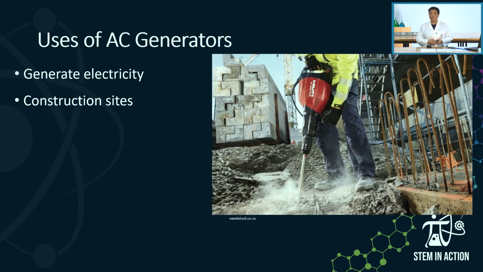On construction sites, I haven't seen electrical sockets and cords all over because it would be quite dangerous. So they use AC generators. Why? Because we don't need an electrical input. Through mechanical energy that is converted to electrical energy, these AC generators provide a source of electricity on construction sites.